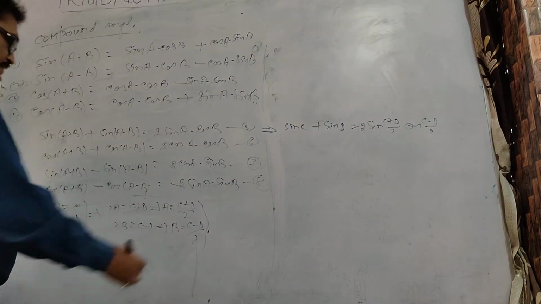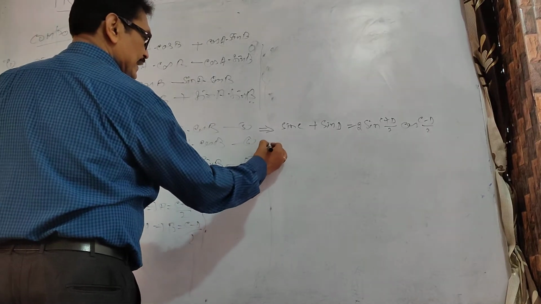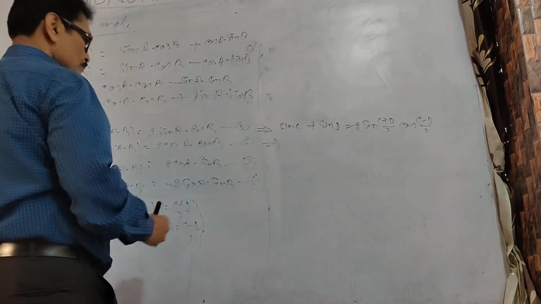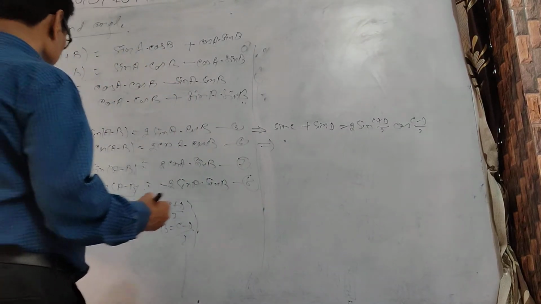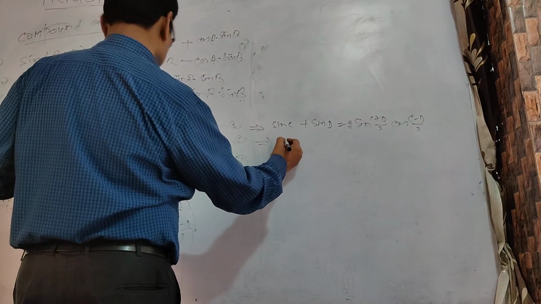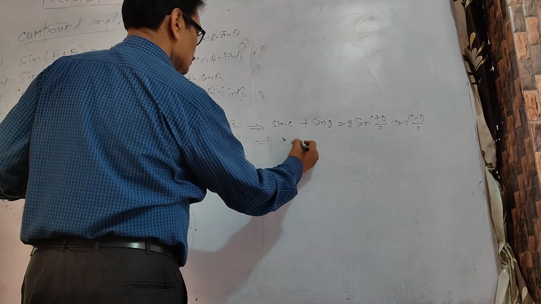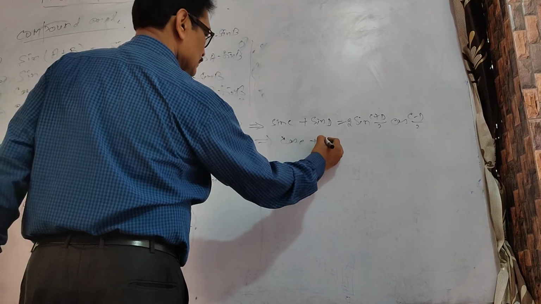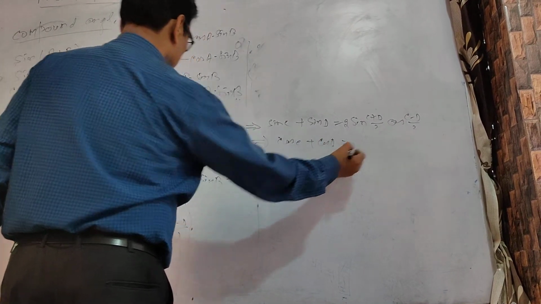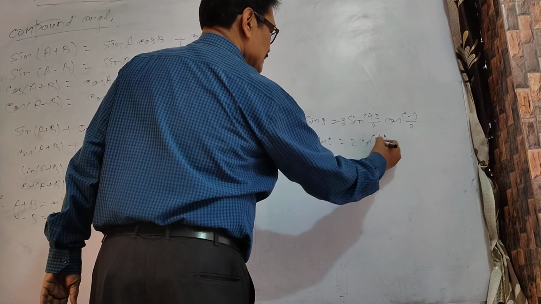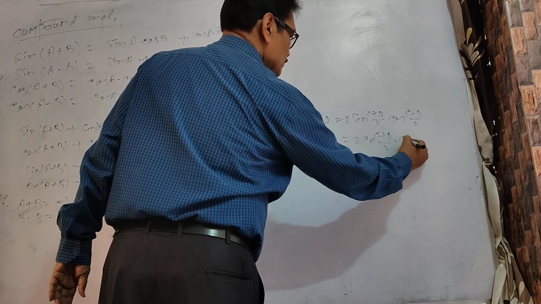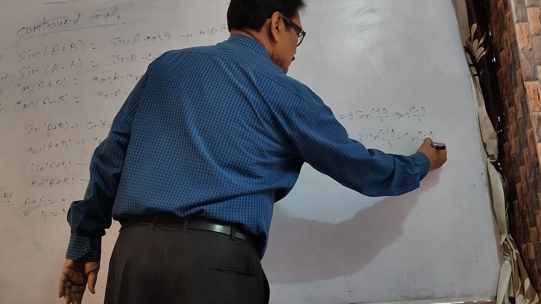Again, with this result, variation 6 becomes cos C plus cos D, which becomes 2 cos C plus D upon 2 and cos C minus D upon 2.